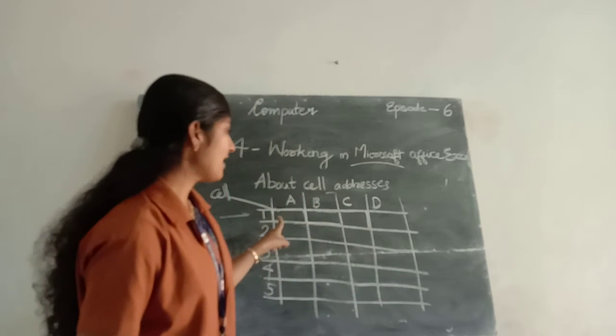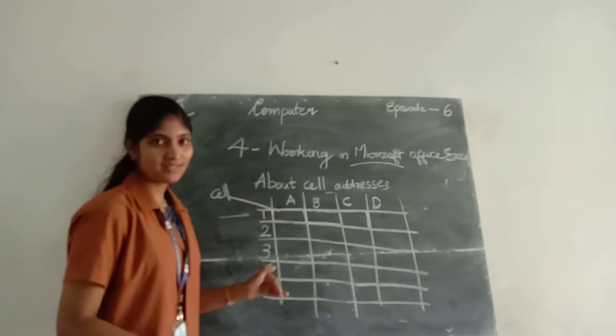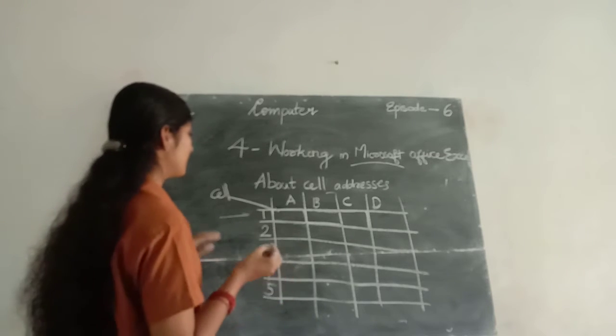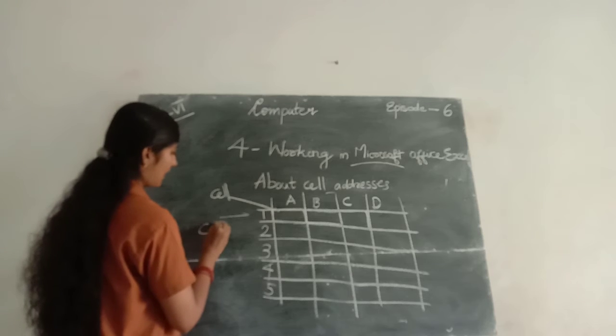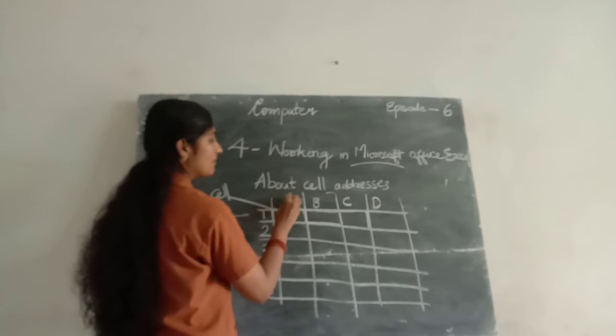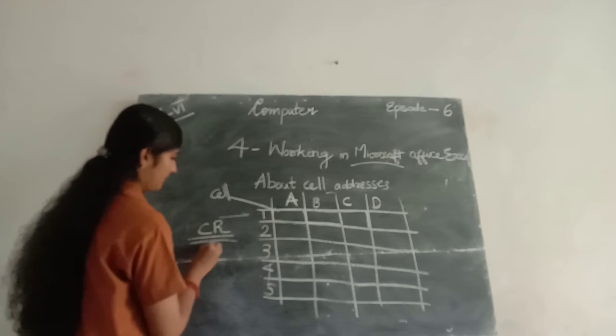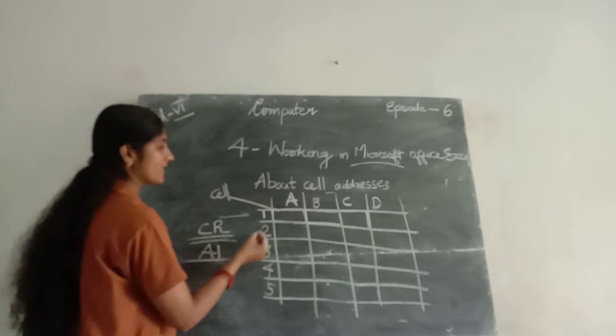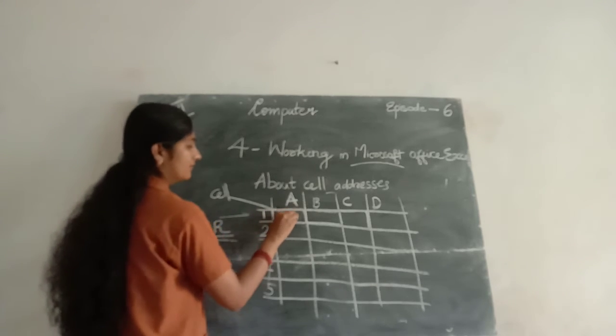So here the address means we can represent column, row form. That means column and row. Here the column is A, and the row is 1. So the cell address is A1, right?